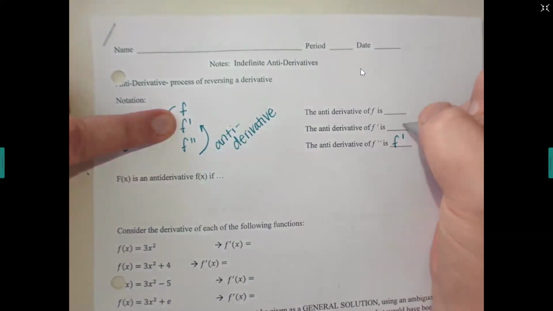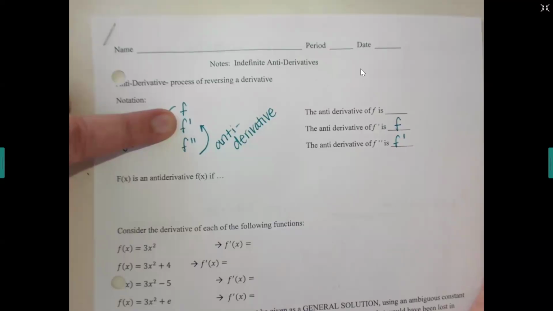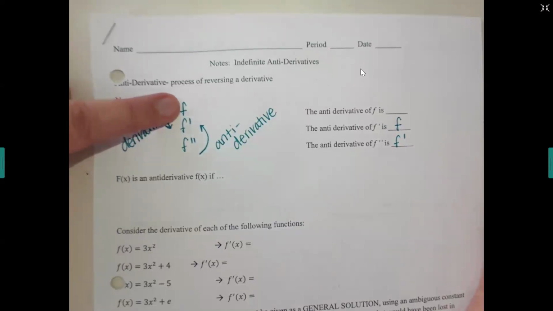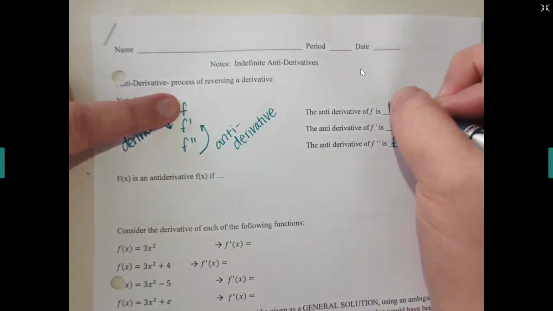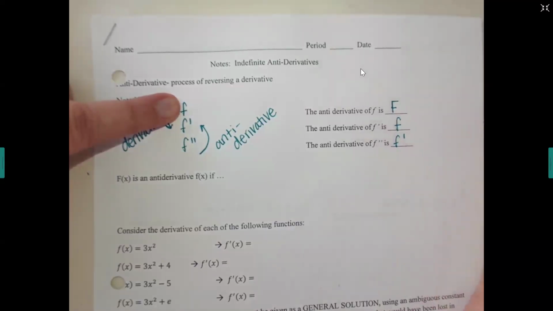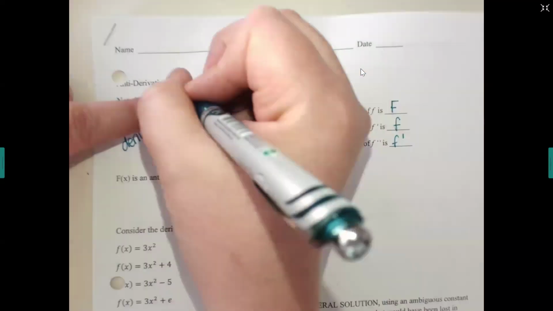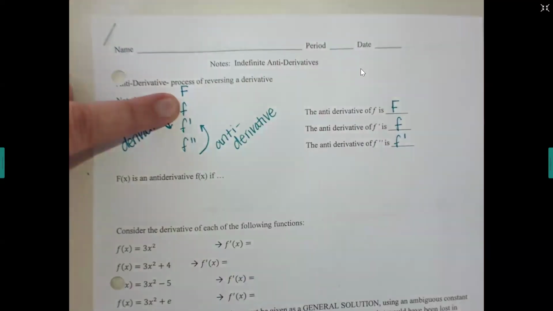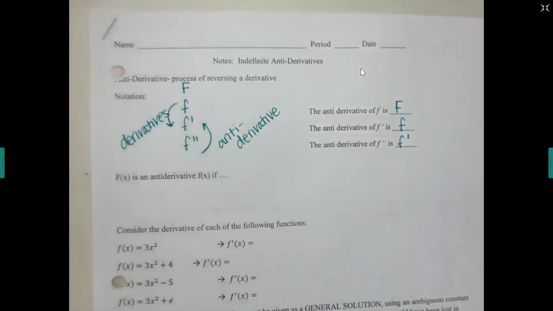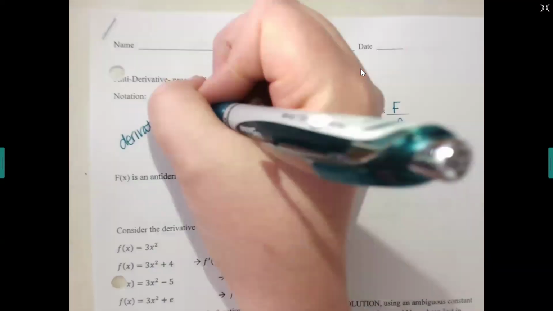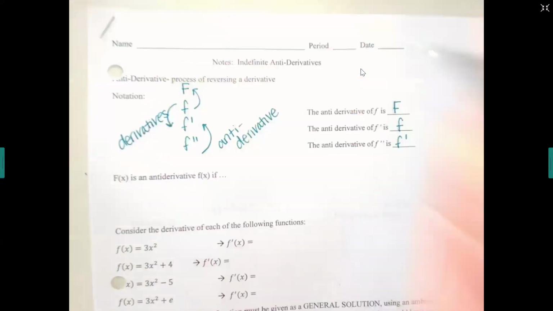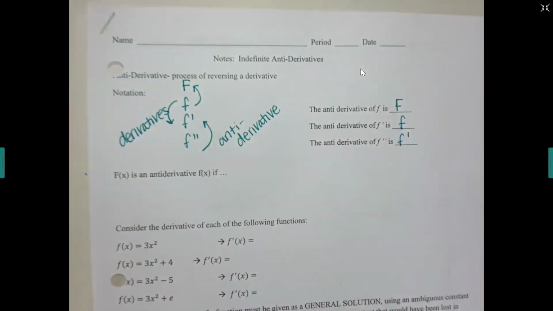That would put me back at what? Regular f. Now, if you do an antiderivative on regular f, you're going to get capital F. And so I want you to now add that to your list. Capital F would be the very top of the list. So if I want an antiderivative on regular f, it would go to capital F.